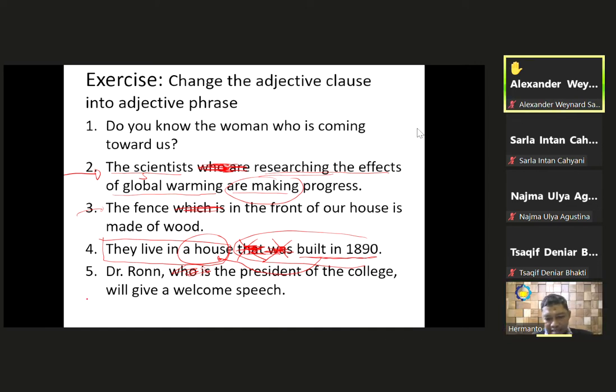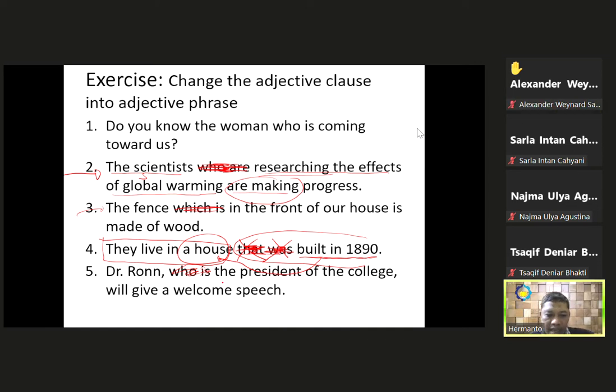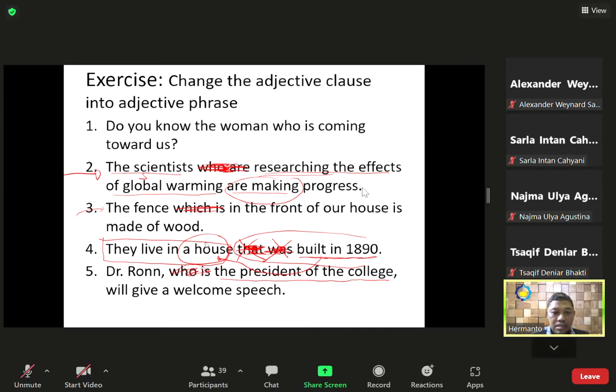Yes. Okay, everybody, and maybe in the TOEFL, because it is a noun phrase, the president of the college is sometimes called an appositive. It is a noun which describes another noun. But describing a noun is actually the work of an adjective.